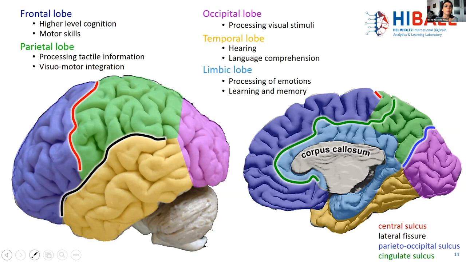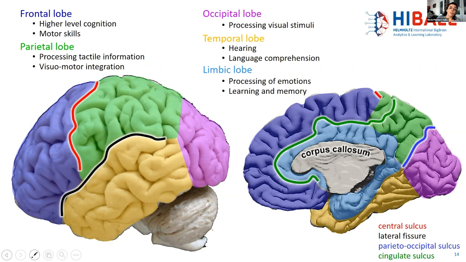You might wonder what is meant when we use such terms. Well, motor skills are, for example, the part of the brain that controls body movements. It's located at the posterior part of the frontal lobe, so close to the central sulcus.